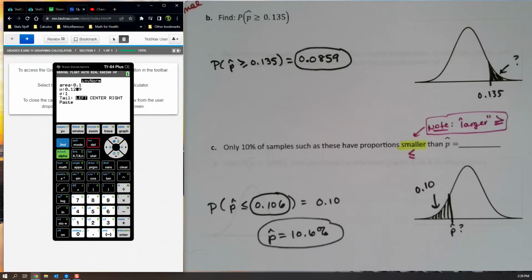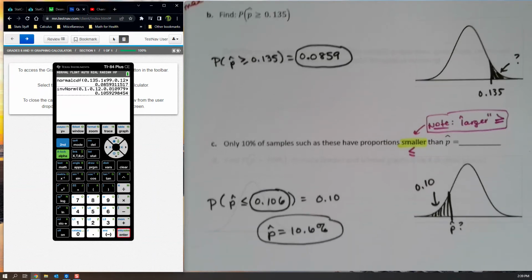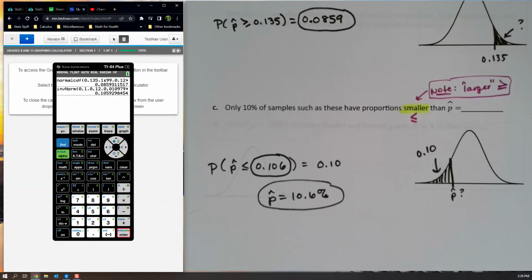Oh, I did press the down arrow, but it didn't take. 0.010979. And this is a left one, so I don't actually have to show the old calculator because the old calculator is the same as this. You would put those values in and you get that. So this is a time when the old and the new calculator work the exact same way as each other.